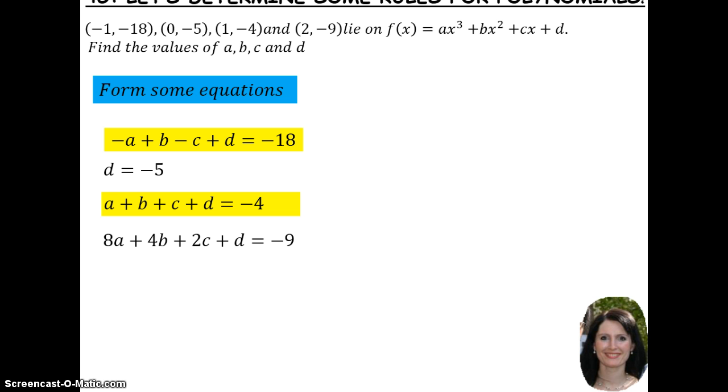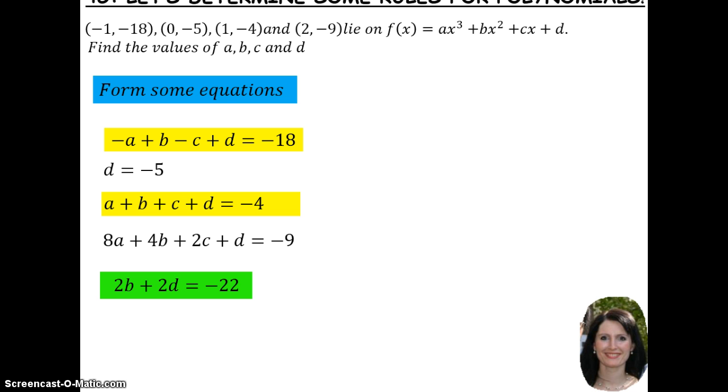If we look at the equations, we can see that these 2 that I've highlighted, if we work with those, we may be able to find another piece of information. So if I add them together, -a plus a is 0, so that gets rid of a. b plus b gives me 2b. -c plus c gives me 0.